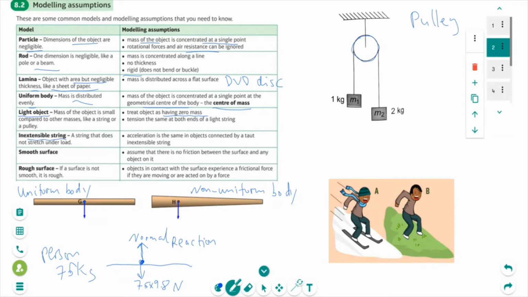Okay, so if I release the masses, what will happen to the objects in that pulley? If I release the masses M1 and M2, what will happen? Can you describe the motion? One mass is 1 kilo, the other is 2 kilos. What will happen when I release the masses?